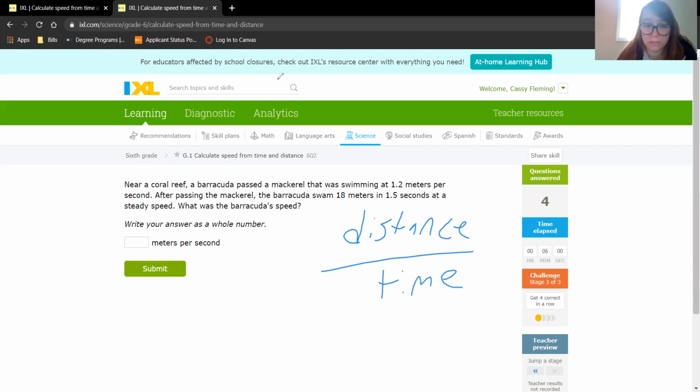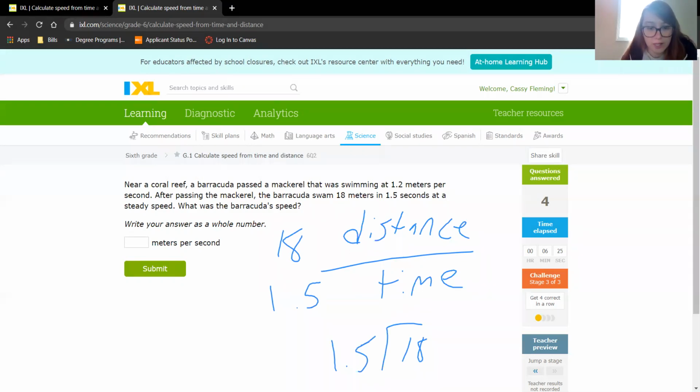What was the barracuda's speed? So our distance was 18 and our time was 1.5. I did not work through these yet, so I'm not sure if I have the correct idea, but we're learning together, guys. So we should just have to do 18 divided by 1.5.